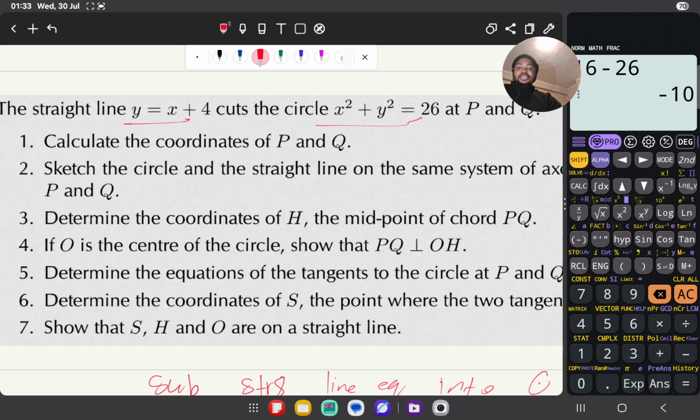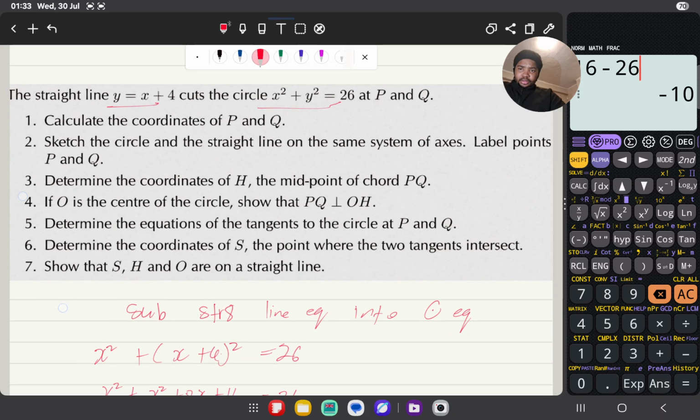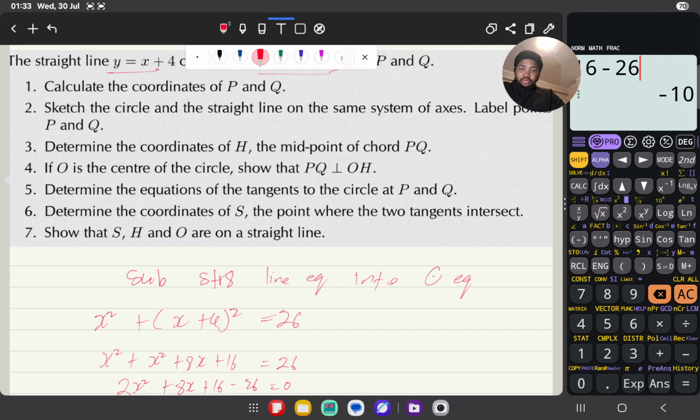We might as well just leave them like this, because we can't really say for sure what is P and what is Q. So then they say sketch the circle and the straight line on the same axis, label P and Q.